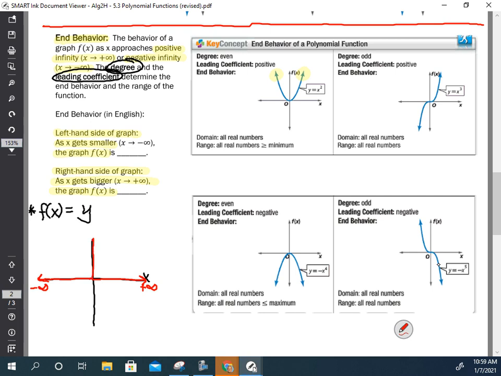If you're going up, that's positive infinity. If you go down forever and ever and ever, that's negative infinity. So knowing those directionalities is important when we do end behavior.